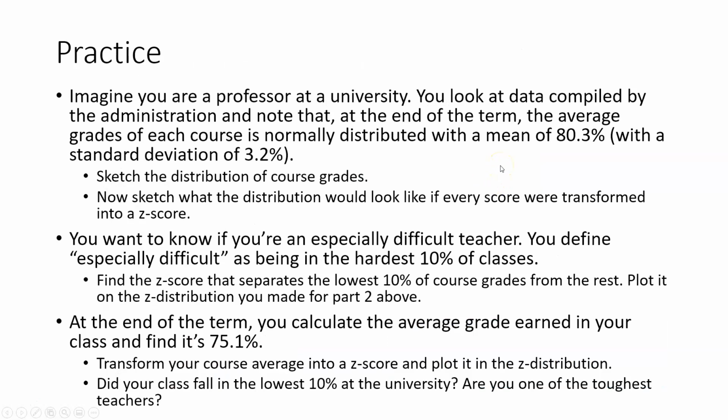Now here at the end of the module, I'd like you to work through one last practice exercise. Imagine you're a professor at a university. You look at data compiled by the administration, and you note that at the end of the term, the average grades of each course is normally distributed with a mean of 80.3%, with a standard deviation of 3.2.